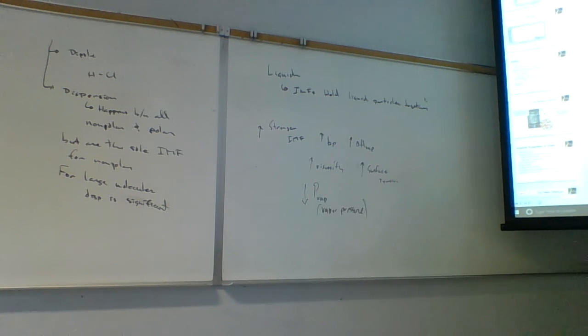You might think water, but what you have to do is pick a temperature. Let's pick 40 degrees C. Water has a vapor pressure here. Ethanol has a vapor pressure here. Diethyl ether is way up here. So the species with the highest vapor pressure would be diethyl ether.